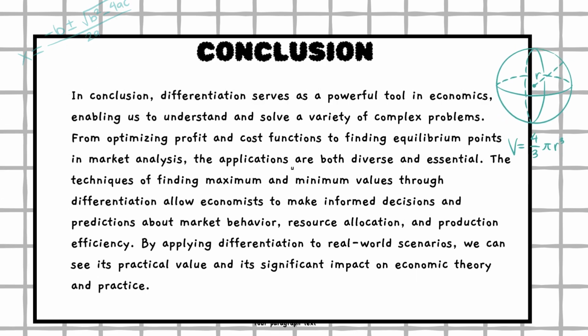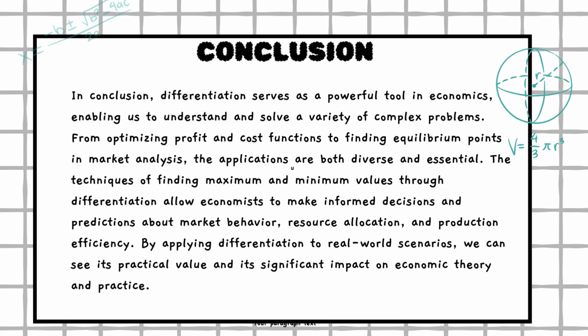Conclusion. In conclusion, differentiation serves as a powerful tool in economics, enabling us to understand and solve a variety of complex problems, from optimizing profit and cost functions to finding equilibrium points in market analysis. The applications are both diverse and essential.